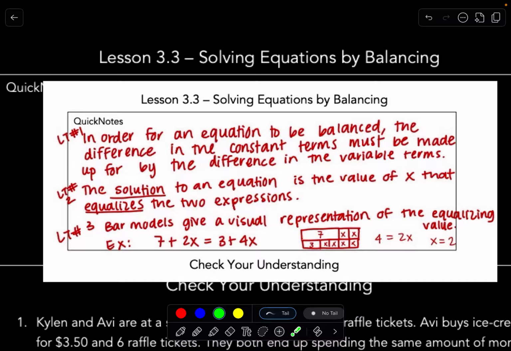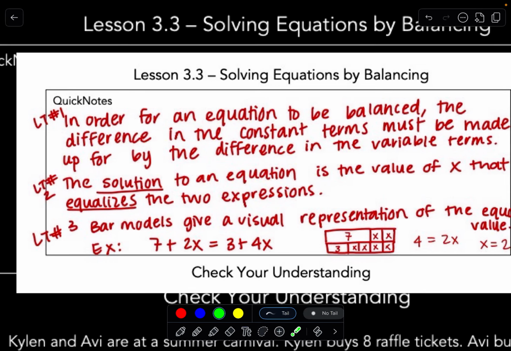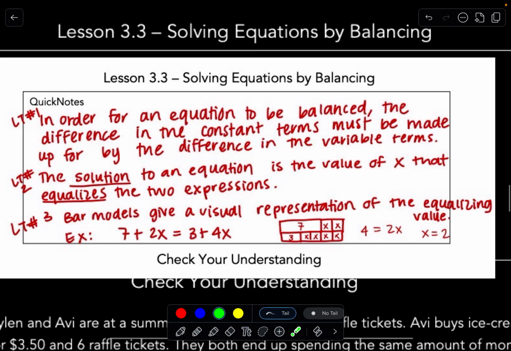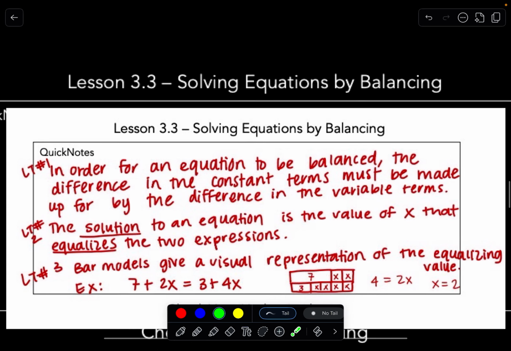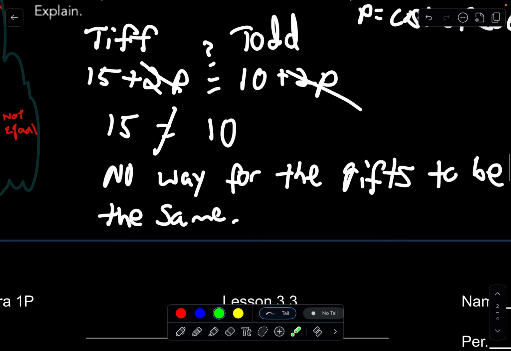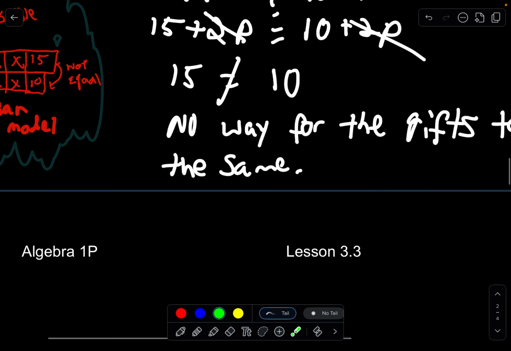All right, here are the learning targets, the quick notes. Copy them down, pause the video, and copy this. Learning target number 1: in order for an equation to be balanced, the difference in the constant terms must be made up for by the difference in the variable terms. If they are not made up for, like we saw in the last question, then there's no way it could ever be equal.